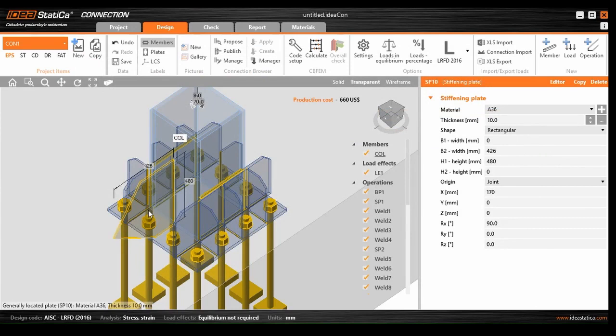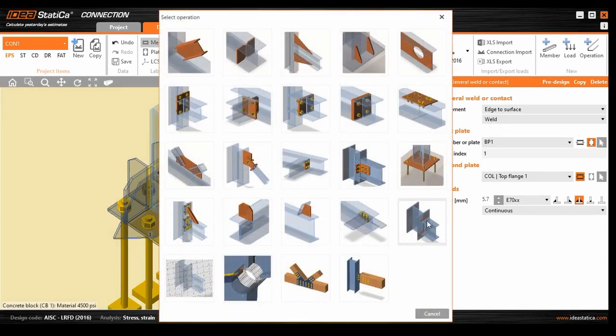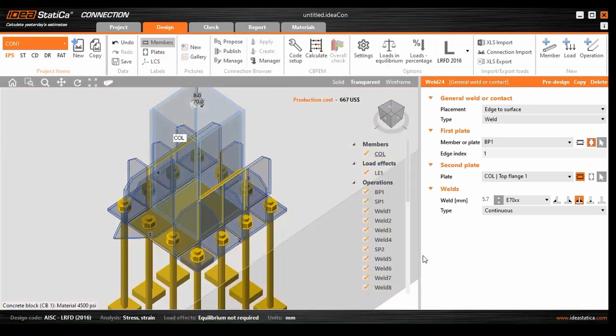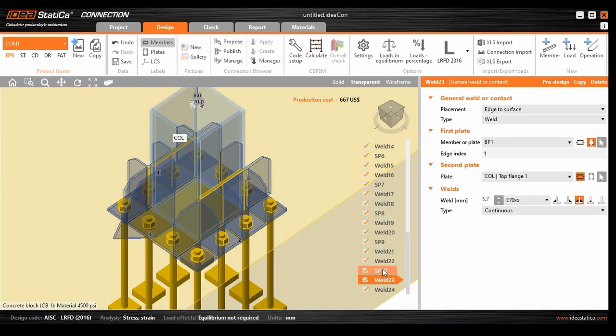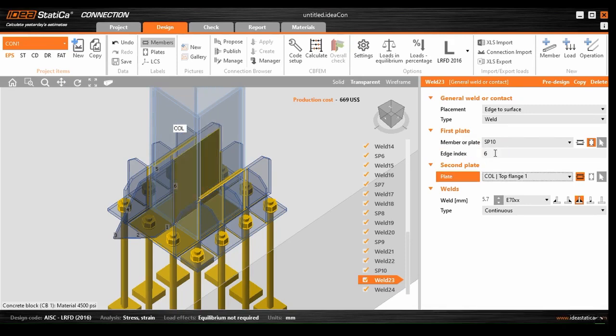Now we need to add welds too. Create 2 welds. Okay, click on weld 23, set the first plate to SP10, index 5, SP10, I believe index 6, and set the second plate to column bottom flange.